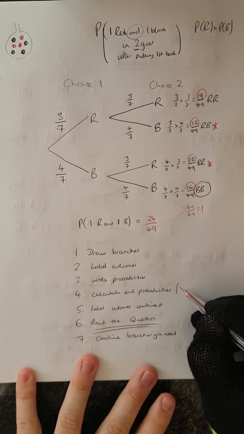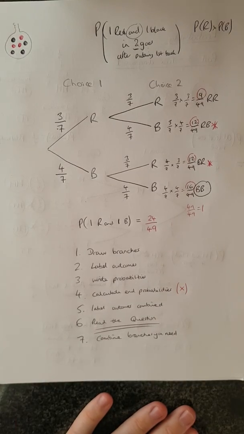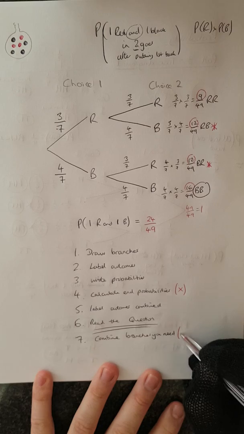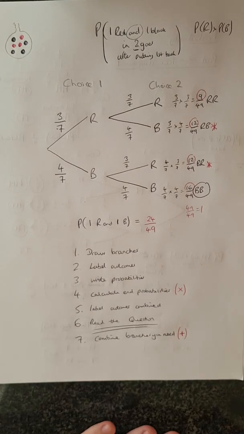You might want to write times in here to remind you that's where you're multiplying together. You might want to write an add here to remind you that's where you're adding them together.